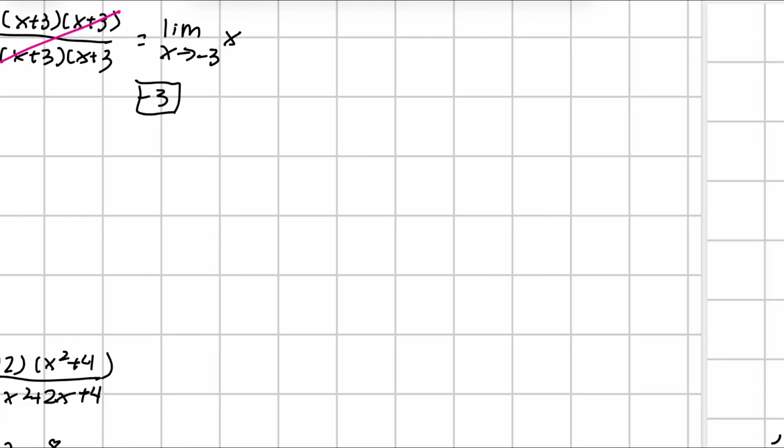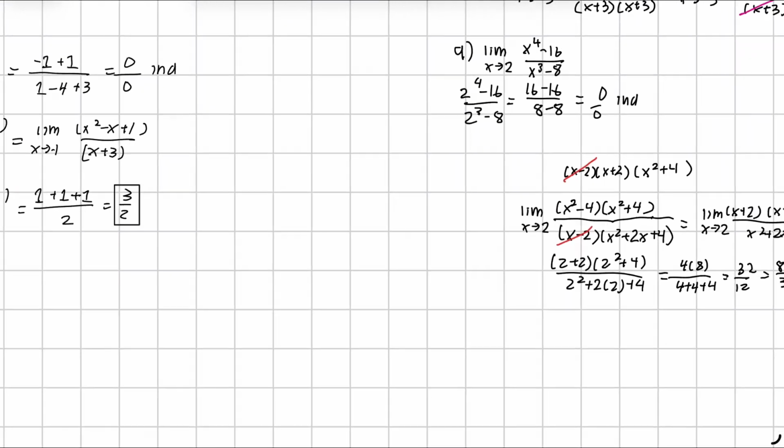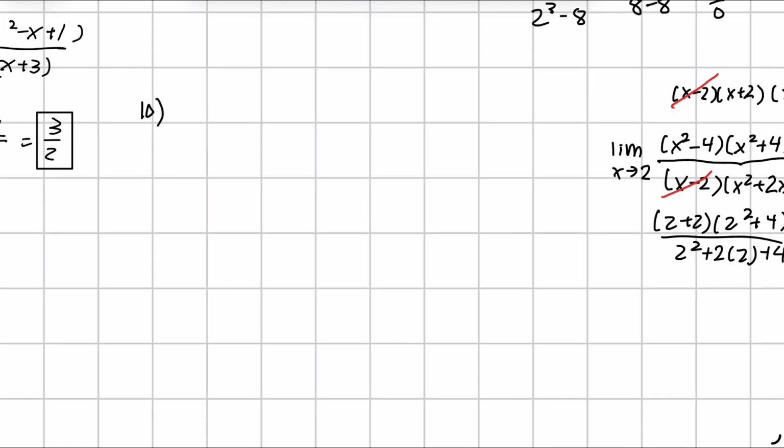Now for our last example, let's do right here. We can do the limit of x to the power 4 plus 2x cubed minus 4x squared minus 8x, all over, x approaching negative 2, x cubed plus 4x squared plus 4x.